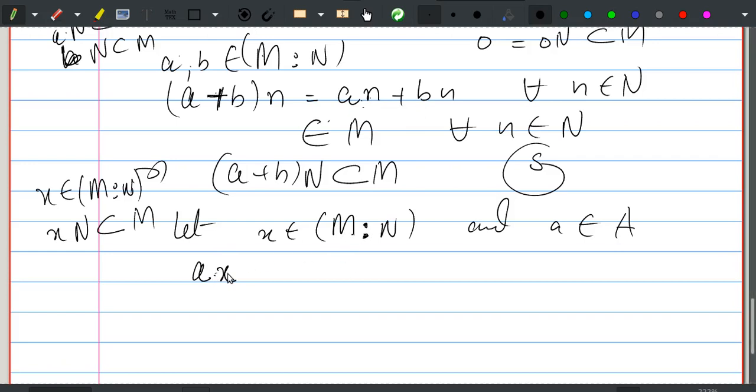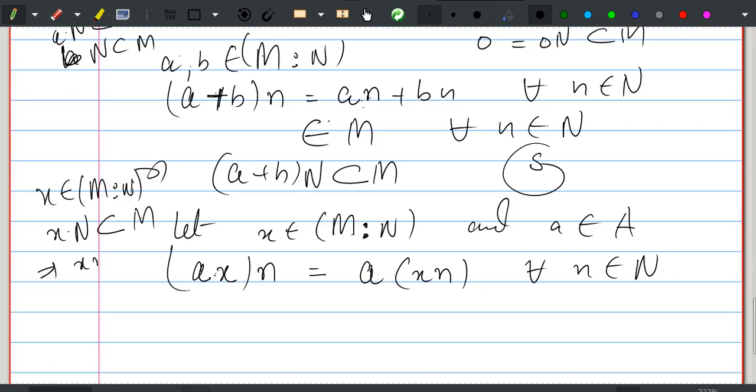If we look at this element here, this is the same as a of x times n for all n in N. Now xN being a subset of M, this would imply x times n is in M for all n in N.